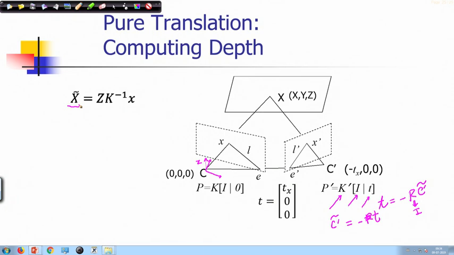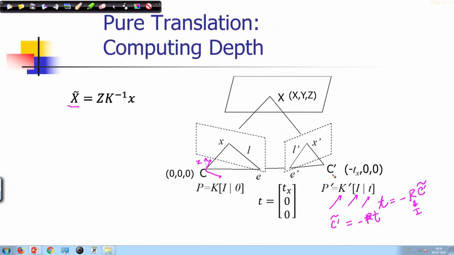As you can see, we have expressed the image coordinate x in the normalized canonical form, that is K inverse x, which means the distance of the image plane from the camera centric coordinate system is 1. So, if I multiply this with the value z, that itself will give me the corresponding scene point at depth z. That is how this expression comes.